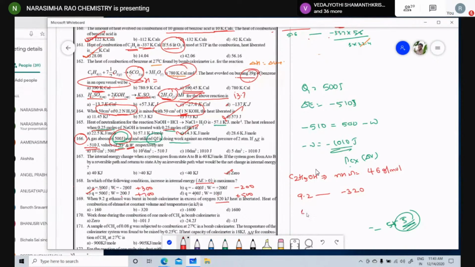Now 46 grams gives 320 into 46 by 9.2. Okay, children, this is for the example. 46 by 9.2 is 5, so it is 320 into 5, which is minus 1600. Clear now? Clear, sir.